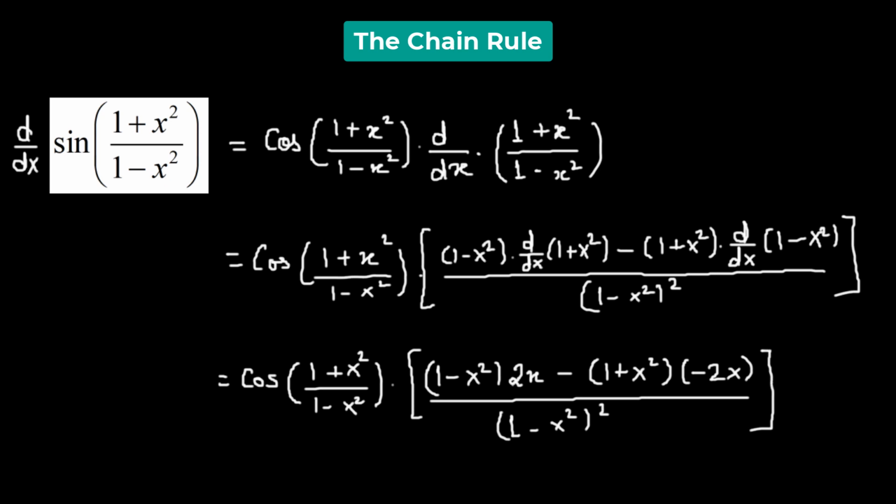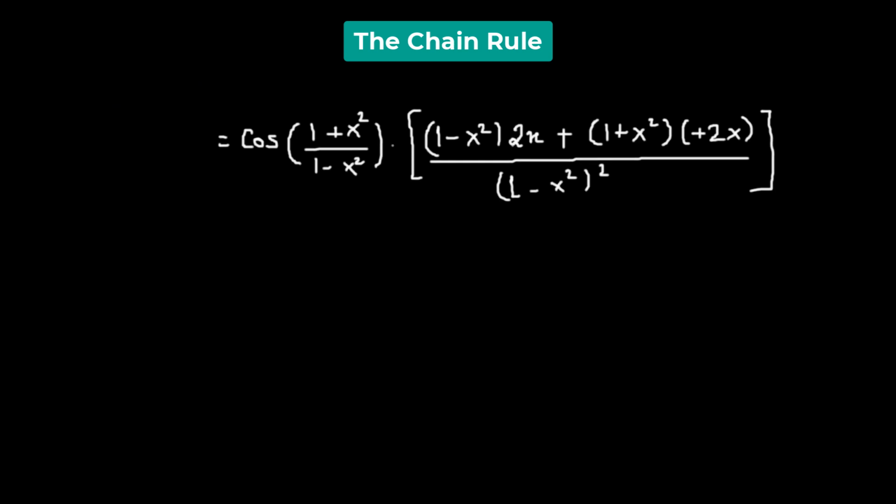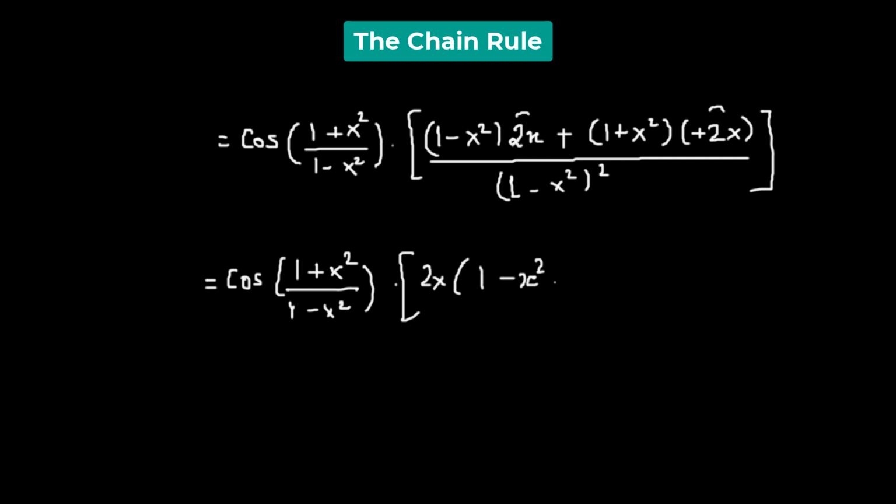Now what we can do is multiply the negatives, so this negative and this negative will become positive, such that we will have 1 plus x squared. So let's write the cosine function first. Then we're going to take 2x as the common term, so we have 2x, multiplied to 1 minus x squared plus 1 plus x squared, all divided by 1 minus x squared whole squared.